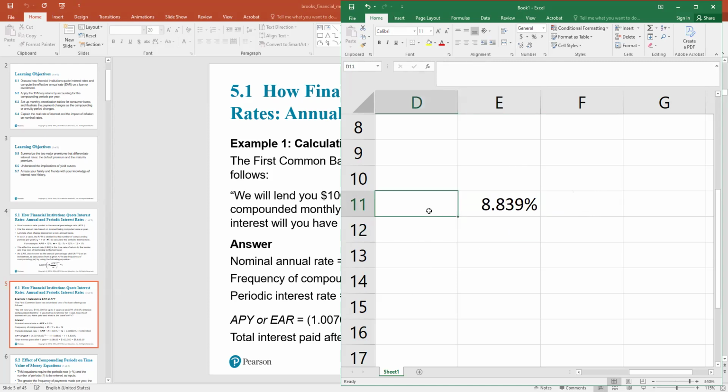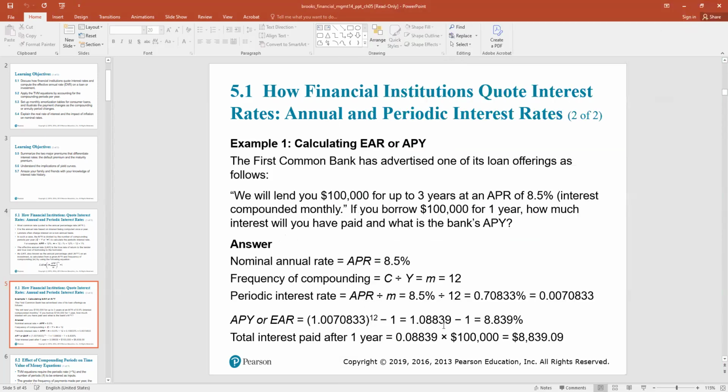So this is the effective annual rate. It's the same as what we calculate by the formula, 1 plus APR over the number of periods, and so on.